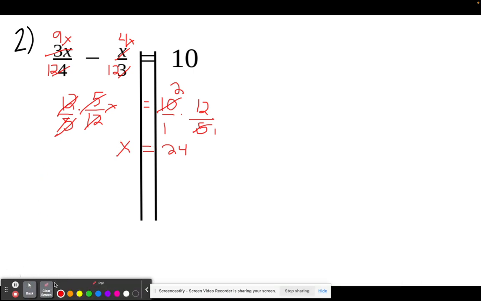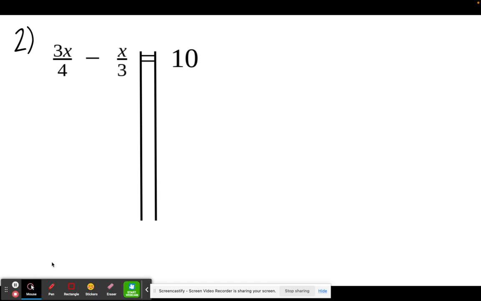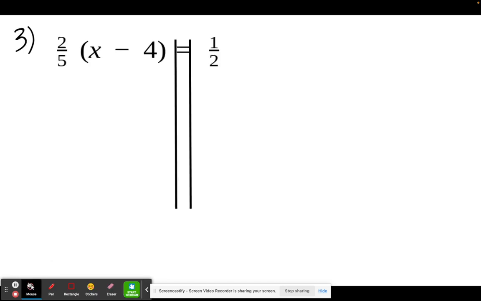Next example. At least I remembered to clear the screen that time. Okay, I have 2/5 x minus 4 equals 1/2. Well, I can distribute.